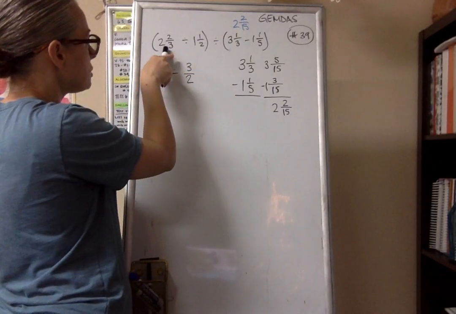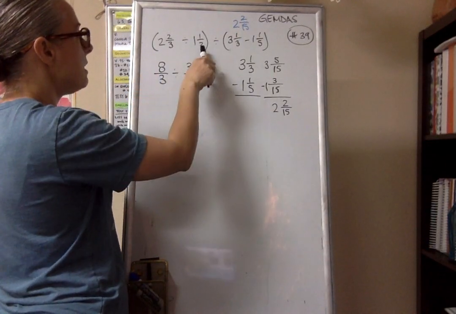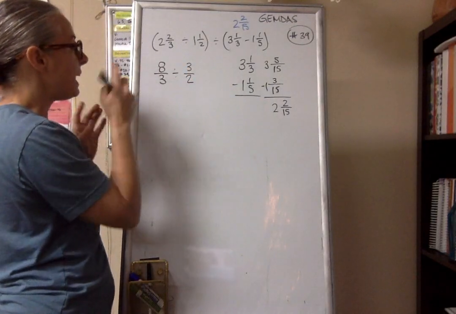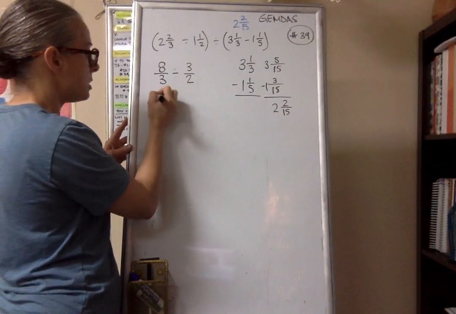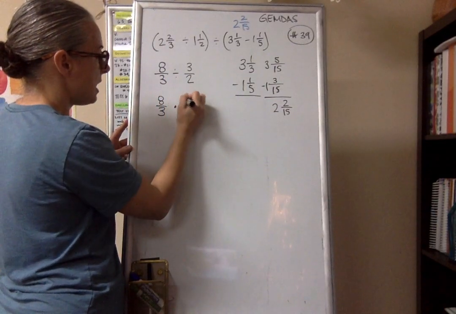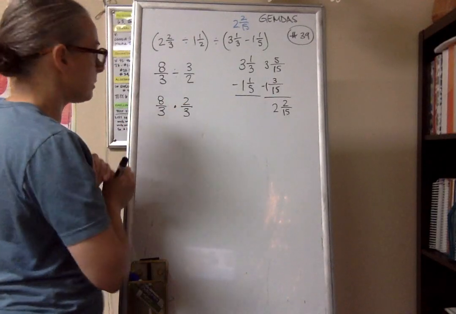So I've renamed 2 2/3 as 8 over 3, renamed 1 1/2 as 3 over 2. Now I need to apply keep, change, flip. So I'm going to keep the first fraction, change division to multiplication, and flip the second fraction.